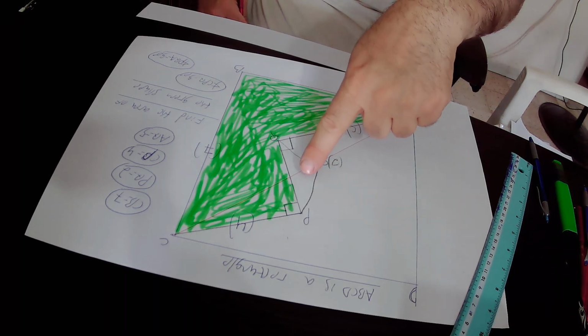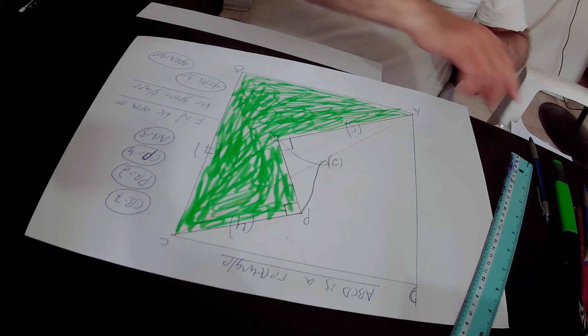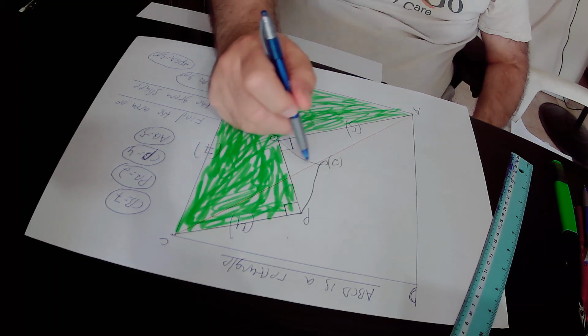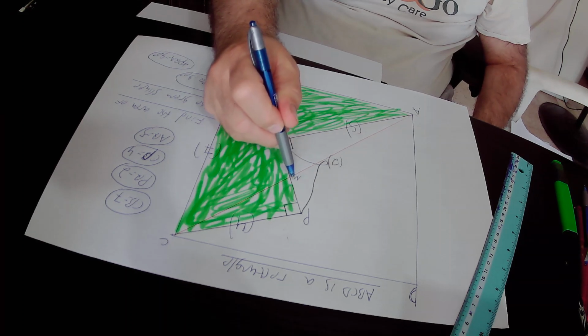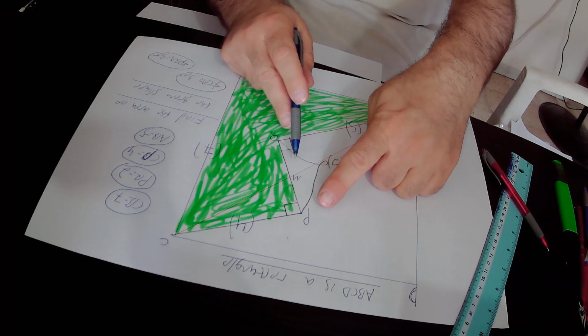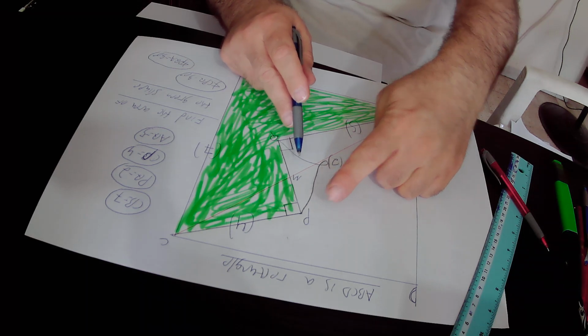This point is point M. We will define the length of this line segment PM as X.